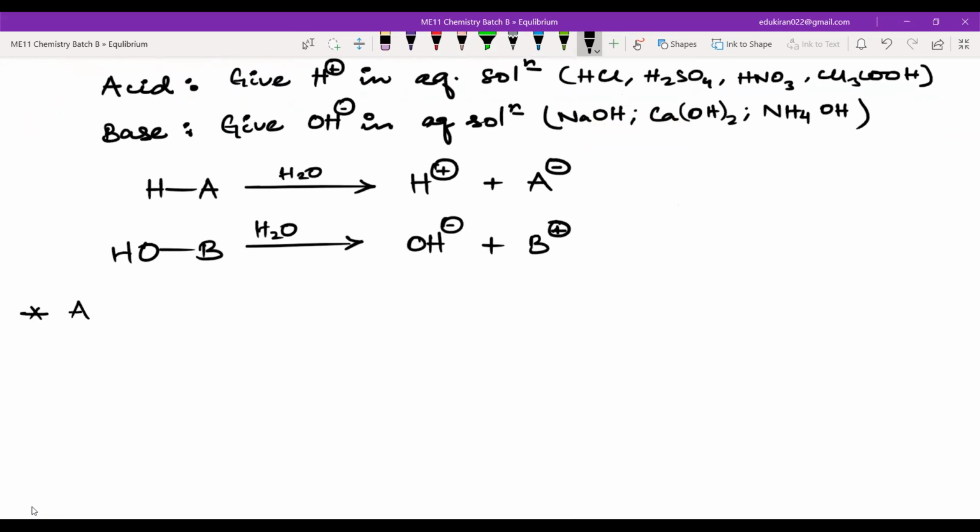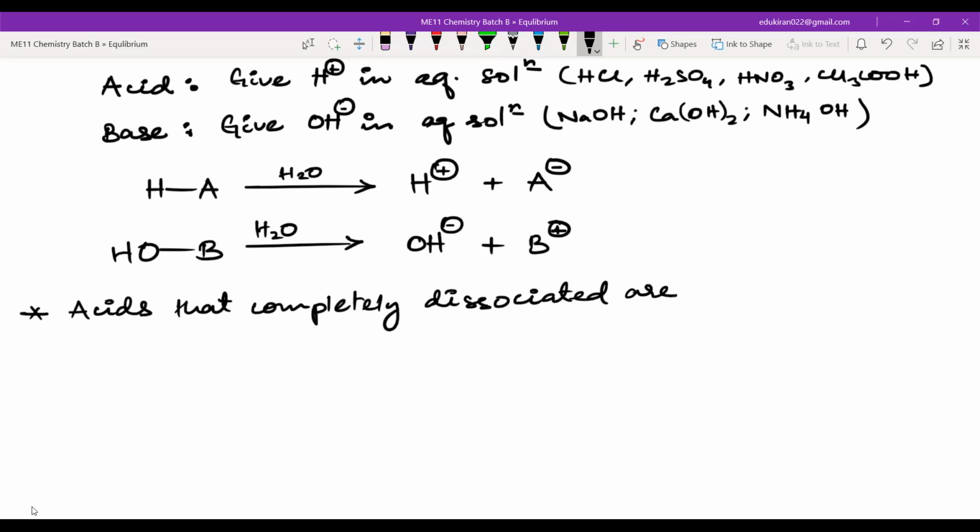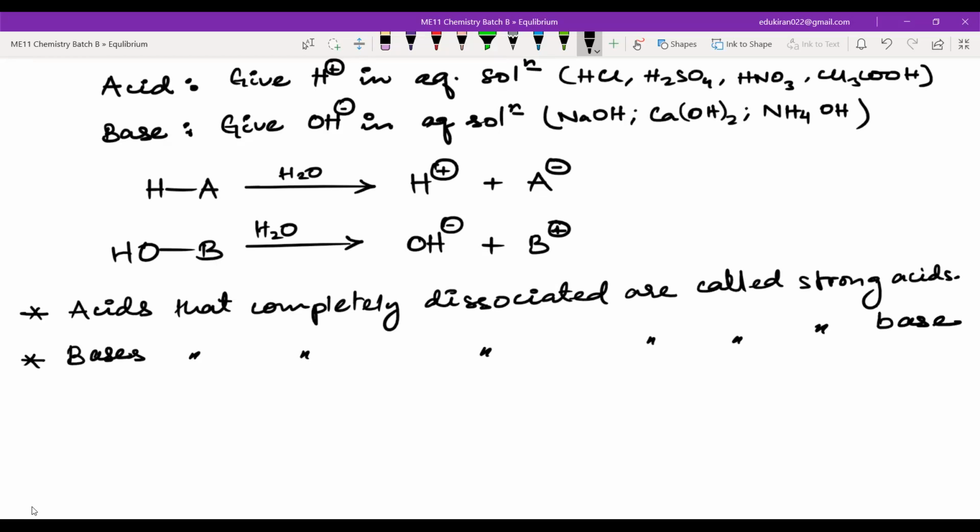According to Arrhenius, those acids that are completely dissociated are called strong acids. Similarly, bases that are completely dissociated are called strong bases.